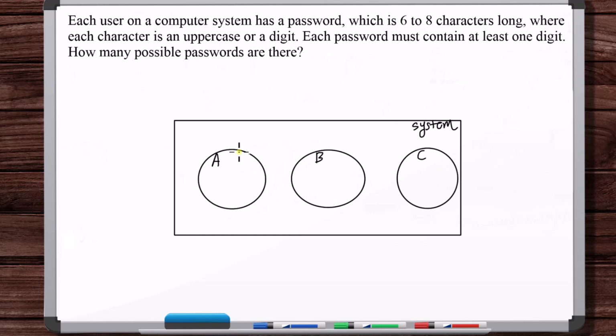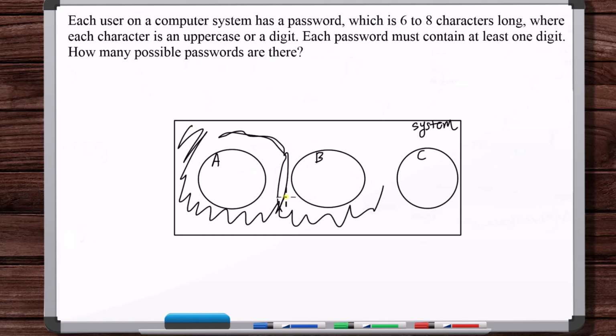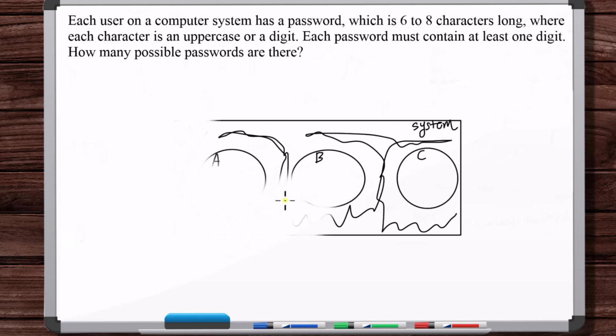So if we just subtract these from the system, then we have what we're looking for, because what's outside of these sets? If these contain no digits, then everything outside of these sets contains at least 1 digit. And it's all 6, 7, and 8 character passwords that contain at least 1 digit. So that's what we're looking for. And you can still think about this general idea if you had overlapping sets. It's the same principle. It just takes a little more analysis.